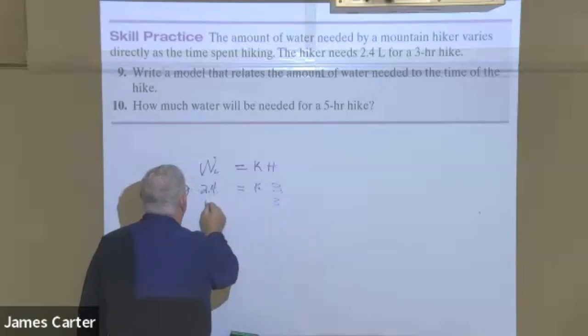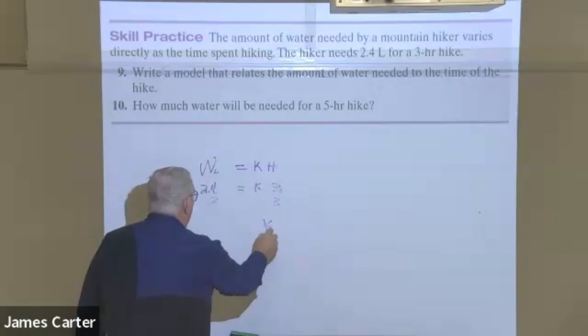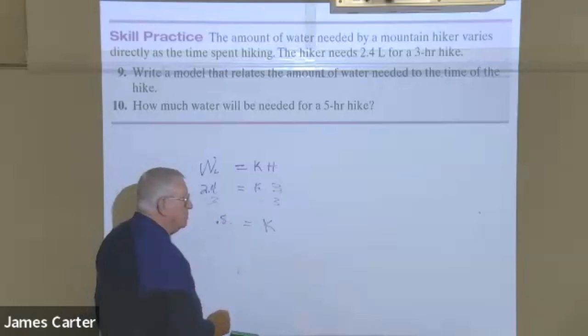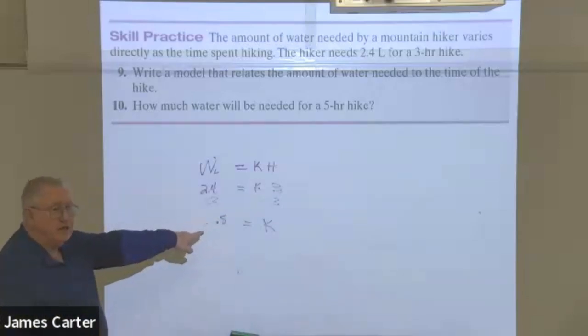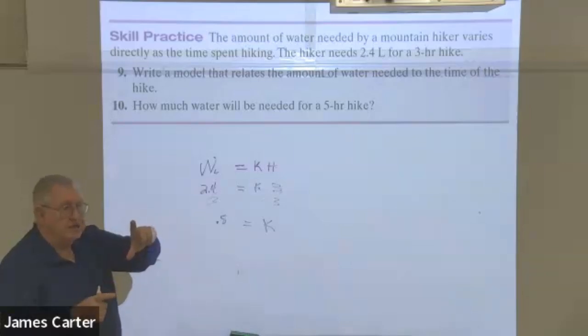Divide by 3, divide by 3. K equals 0.8. In other words, that means we need 0.8 of a liter, or about a 16-ounce bottle and a half per hour, in reality.